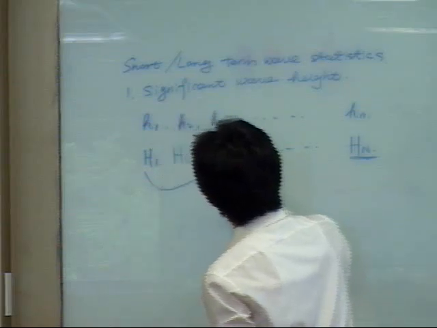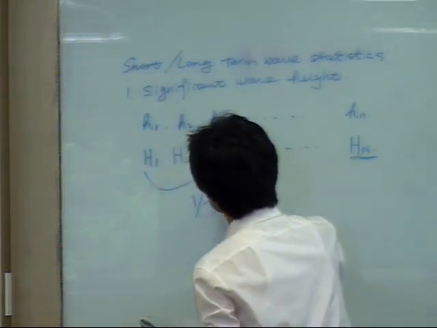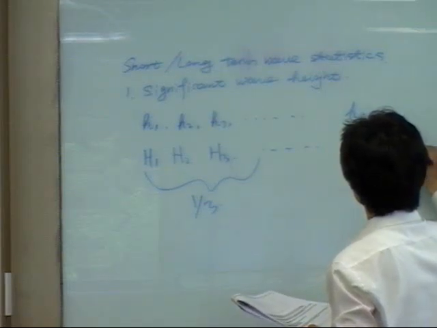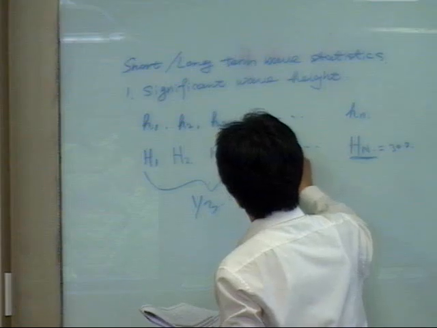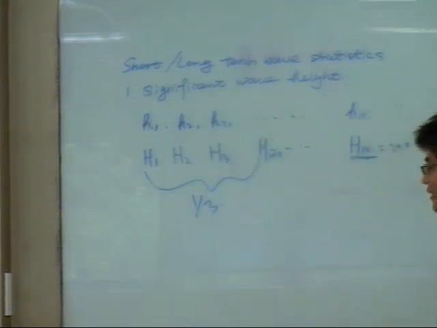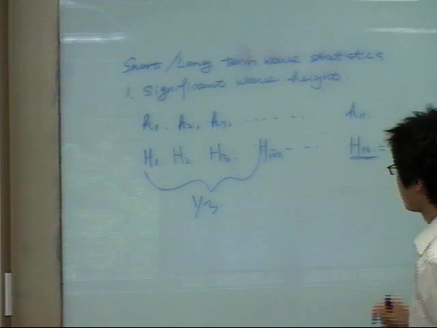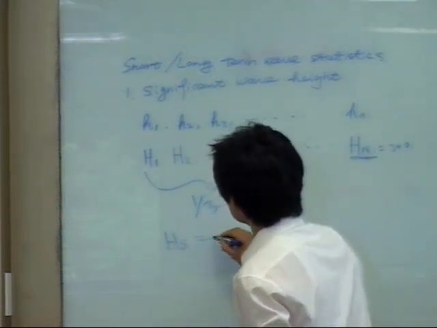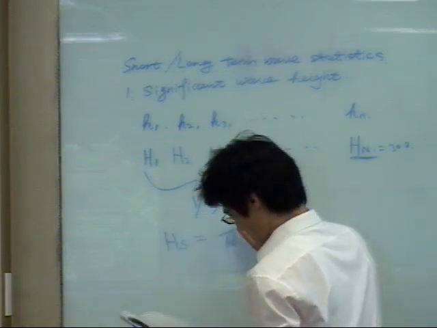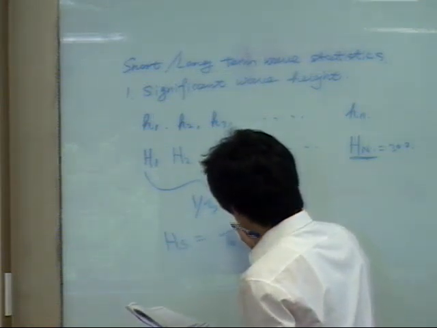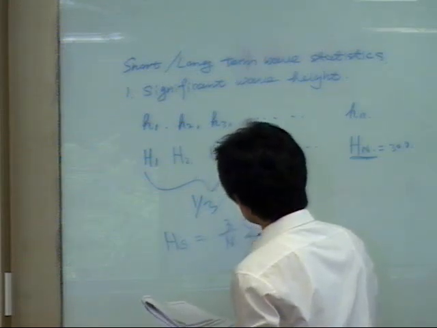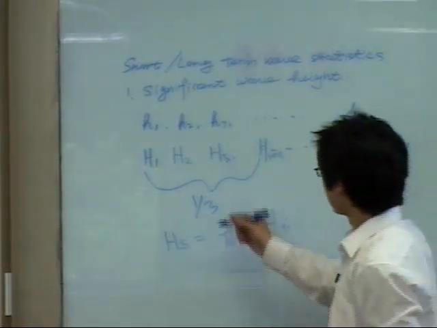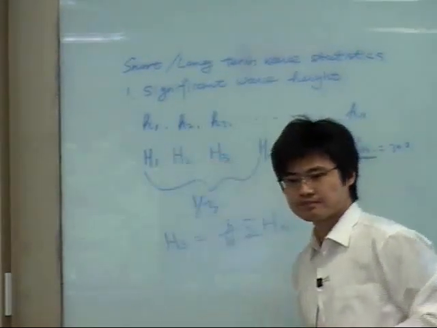And then this is 1/3 of the total samples. Suppose this is n equals 300, then I have 100. This is 1/3 of the total samples. This is for example. Now, significant wave height is defined as the summation of hi, right? The mean of this portion.